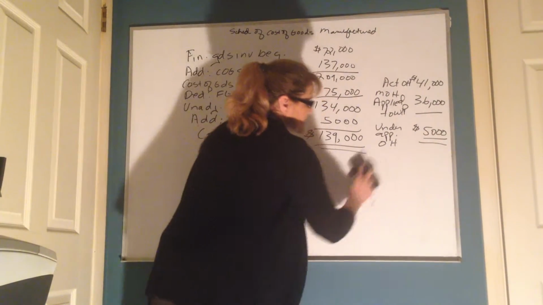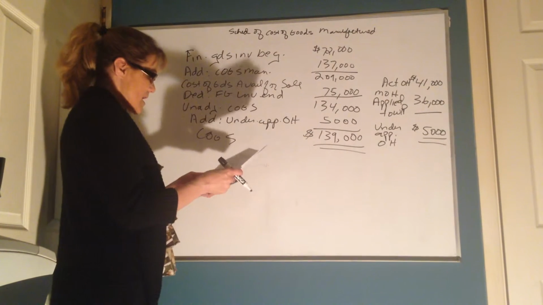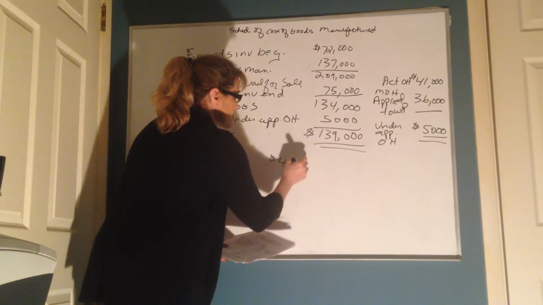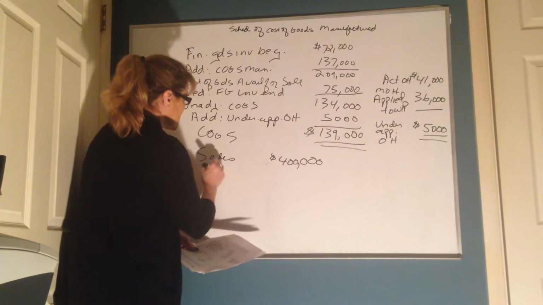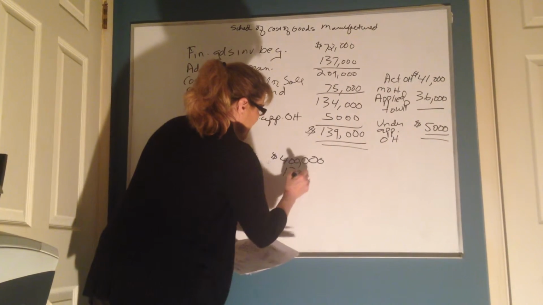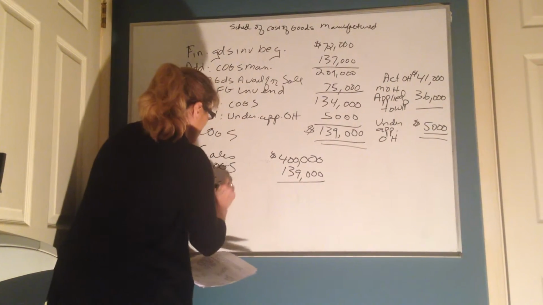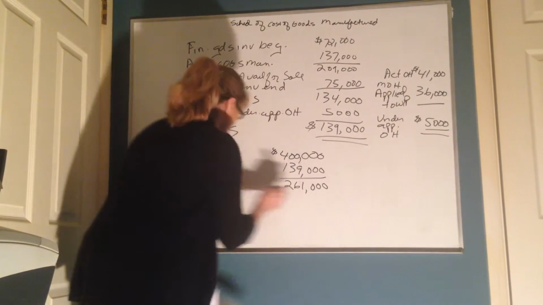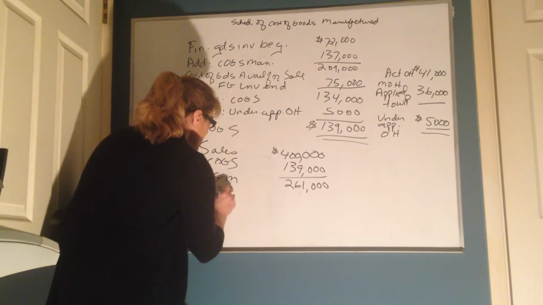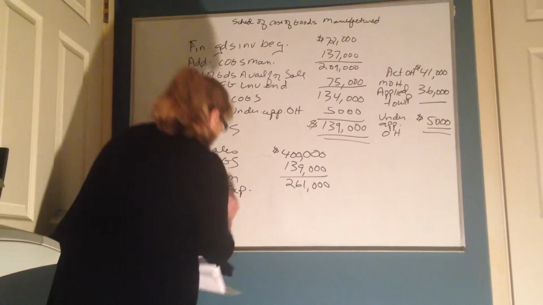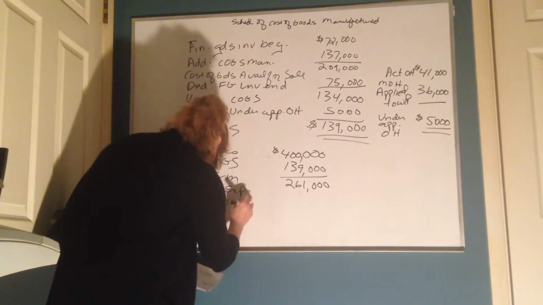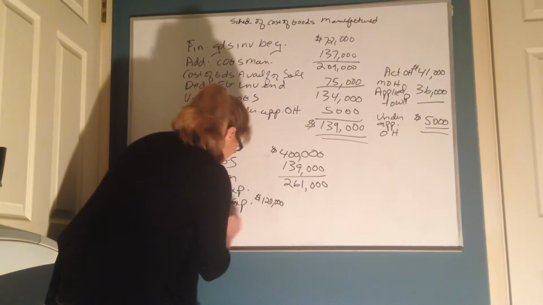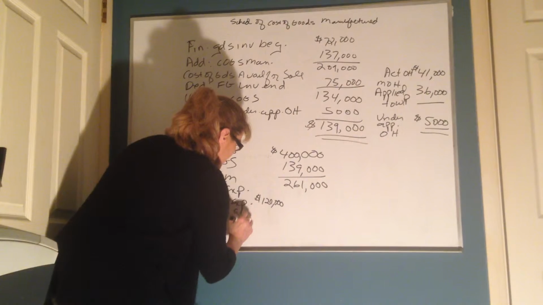Let's go ahead and do the income statement based on this. So we're going to have sales, and those are $400,000. We're going to subtract our cost of goods sold, which was $139,000, and that will give us a gross margin of $261,000. We also have selling and administrative expenses. Our selling expense is $120,000, and our administrative expenses are $80,000.